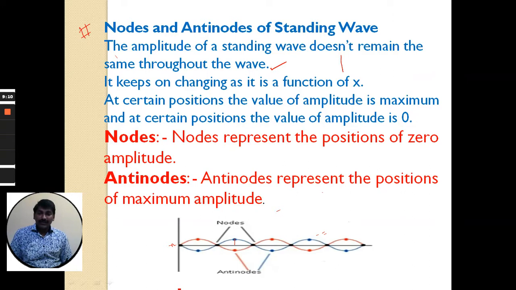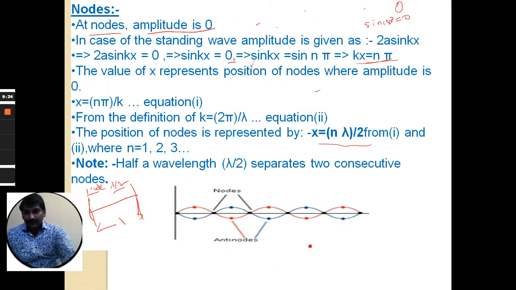Where the amplitude is maximum, that forms an antinode. You can see in this picture, the formation of nodes and antinodes. This position is indicating a node, and this is also a node. This is an antinode, this antinode. Like this, if you see the entire stationary wave, nodes and antinodes have formed.